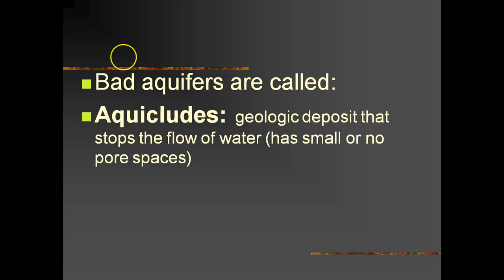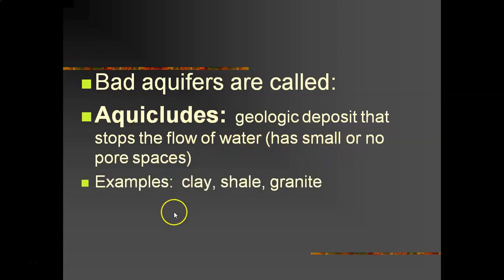So this geology has tiny pore spaces, or even no pore spaces to actually stop the flow of water. So I gave you the example of clay grains, a clay soil, and so if you've got a clay layer, a thick clay layer like we have in Louisiana, that'll be an aquiclude.